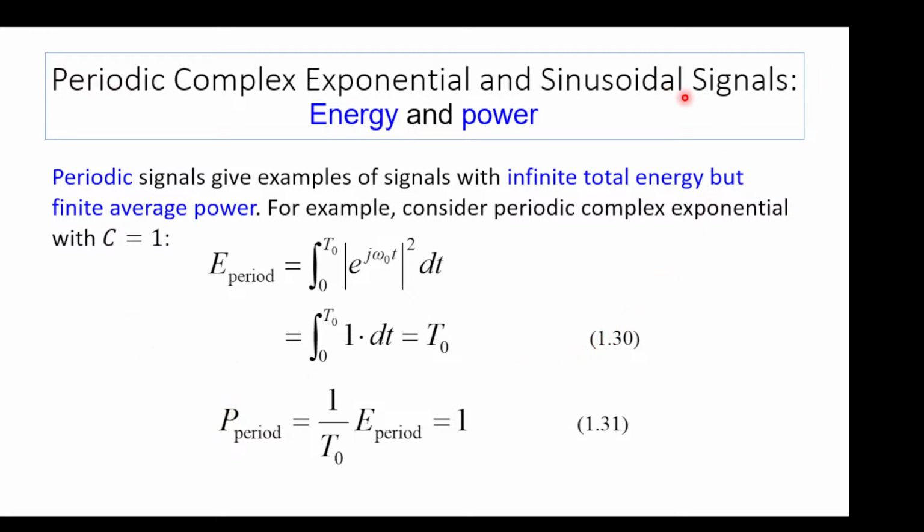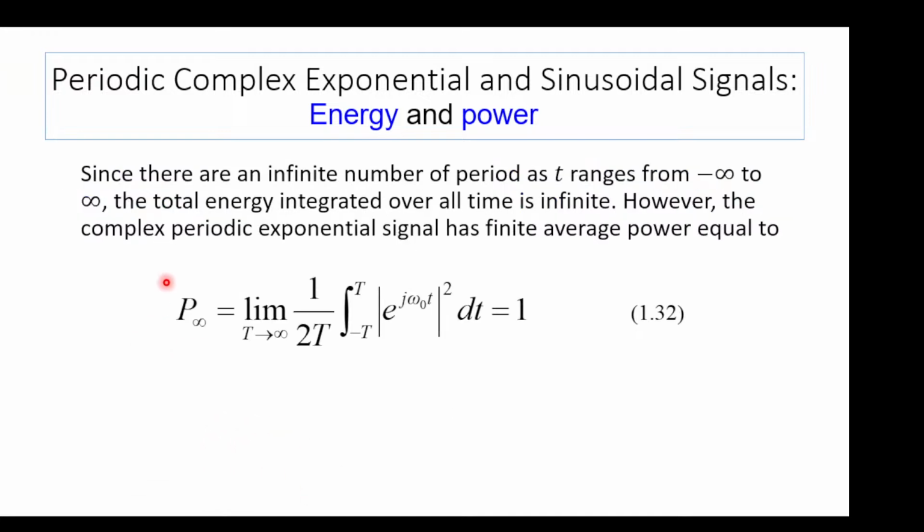The sinusoidal signal is a little more complicated, but it also usually has constant average power, in some sense. This is true for both the complex exponential and the sinusoidal signal: the average power over infinite time is always a constant.